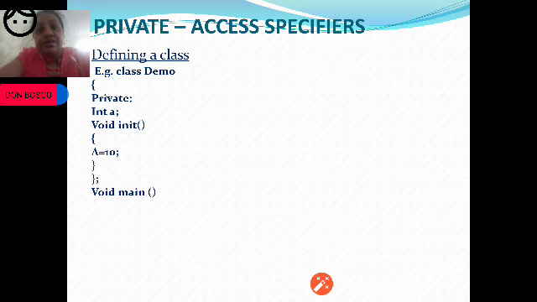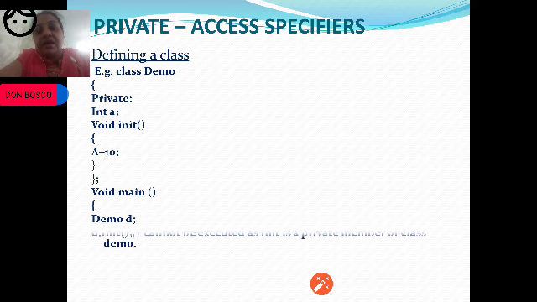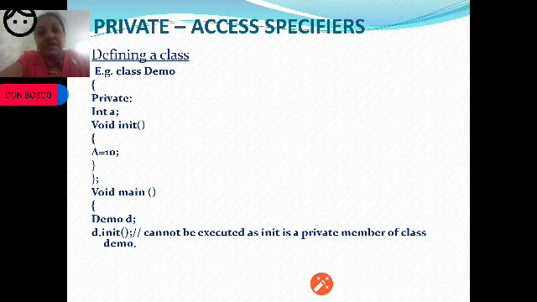So now we create a main function to access that. We are creating a main function and then we are creating an object, demo D, and then we are calling the function d.init. It cannot access the private members.